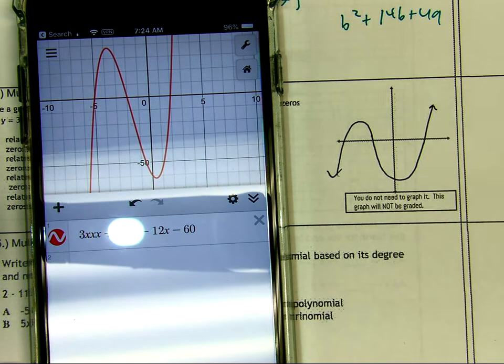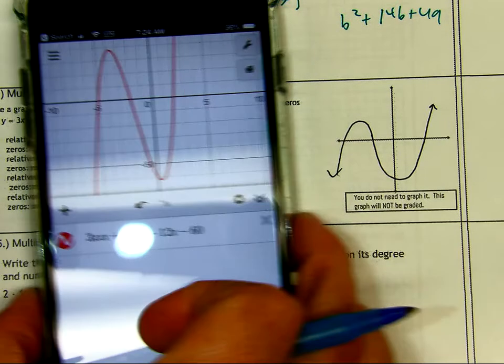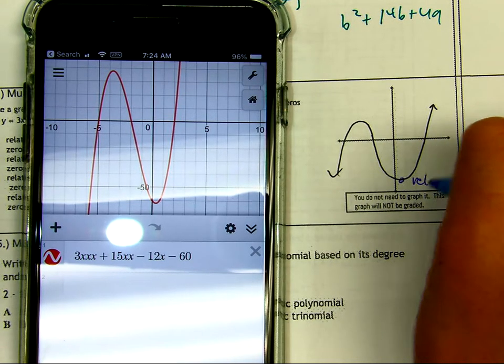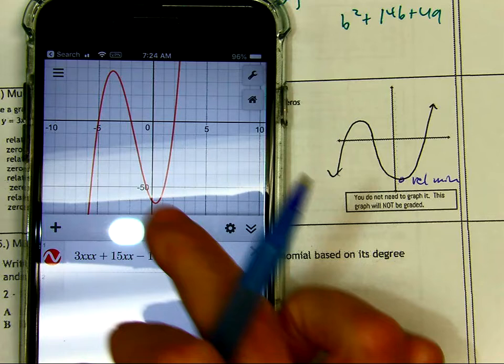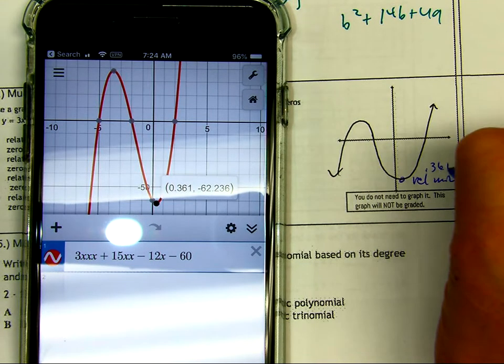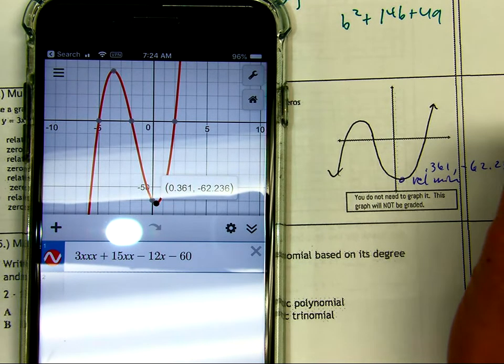And this is what it looks like. And then relative minimum. The relative minimum would be here. And if you click on your graph, you get that number, 0.361, comma, negative 62.236.